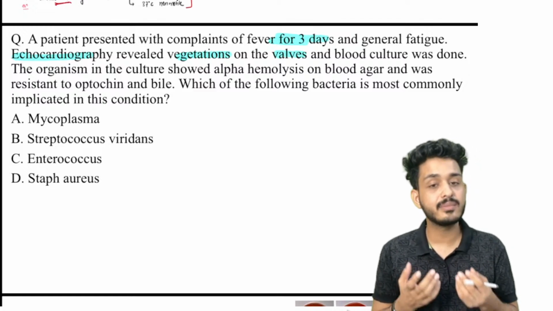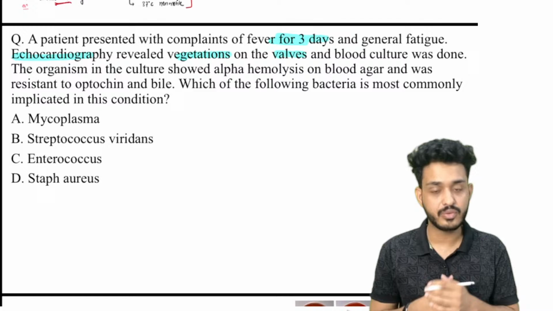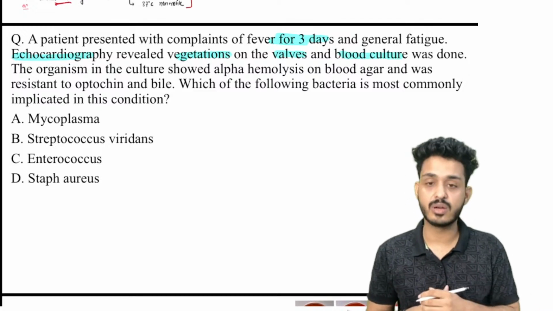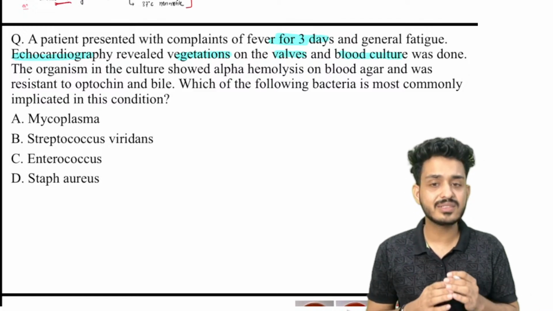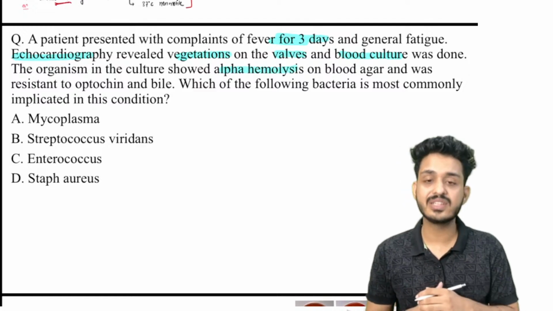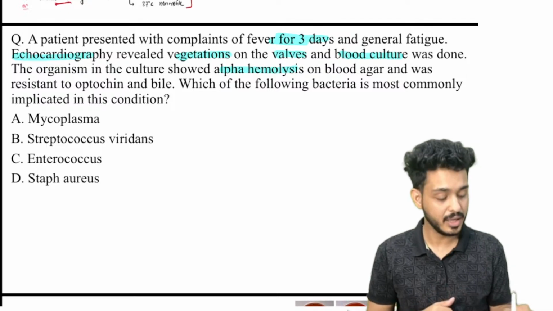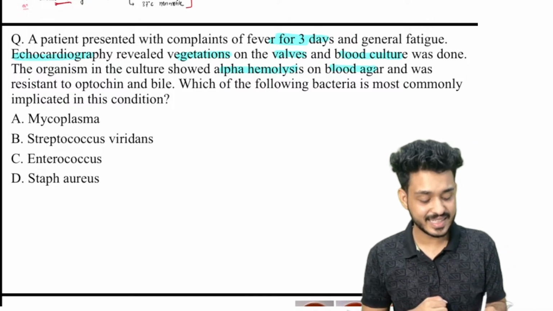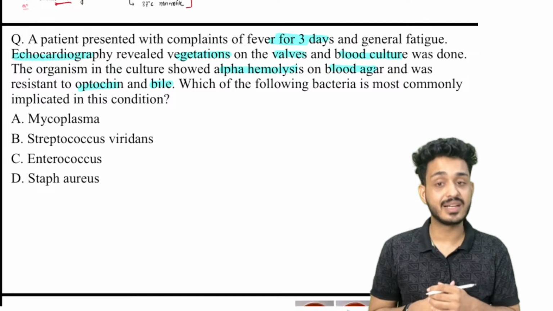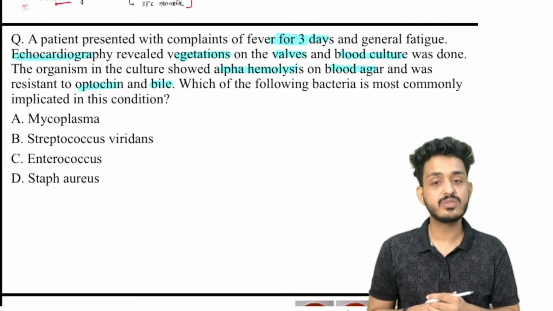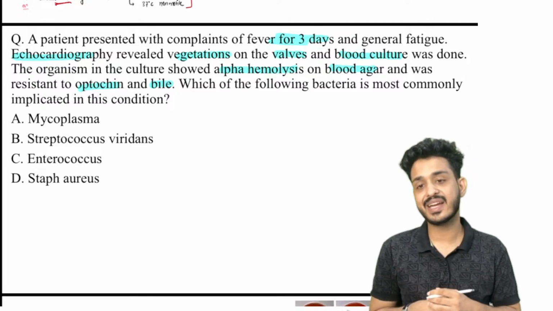Endocardium is nothing but your heart valves, right? Blood culture was done. The organism in the culture shows alpha hemolysis on the blood agar, and was resistant to optochin and bile. Which of the following is most likely implicated in this condition?